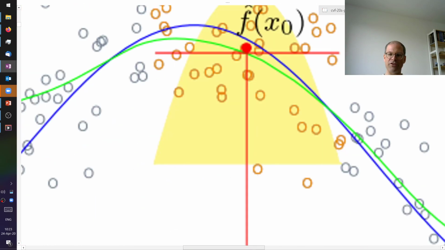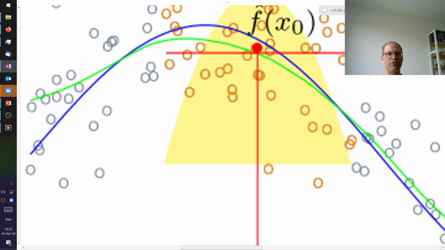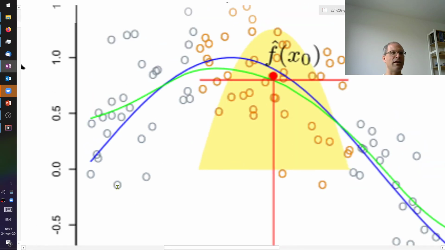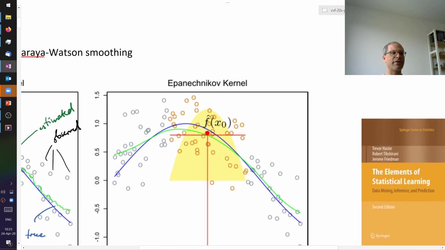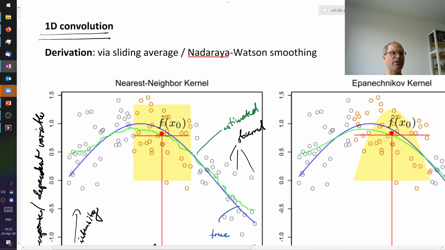And if we use a different kernel, we see this green function. It still doesn't coincide with the blue one because we make this estimate from a finite data sample, but still it's much better. And now, how does it work?